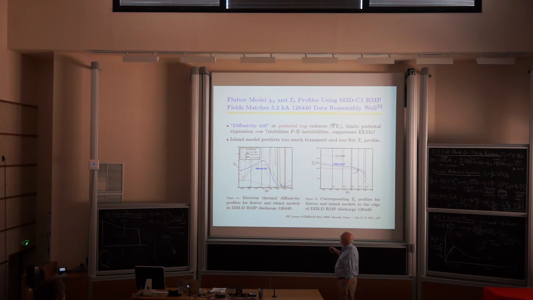And lo and behold, it looks like this, but you can't see it here, there's flattening of the temperature profile where the chi's are very big on rational surfaces, but it kind of asymptotes to some average radial gradient in between. And so you take the average of that between rational surfaces, and you get some number here. And like I say, this is what passes for some degree of reasonable agreement between theory and experiment.